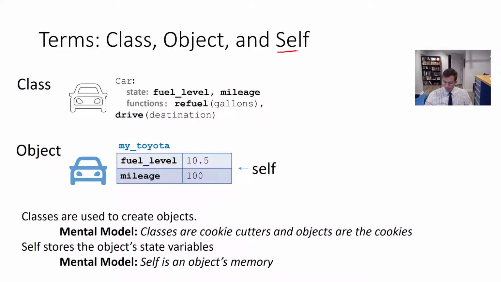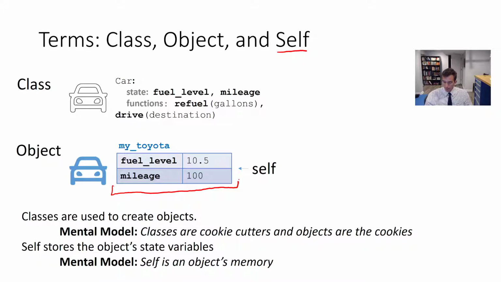A little trickier, right, is this idea of self. Self is this blue table. When you create the object from the class, you get an empty table. Right?